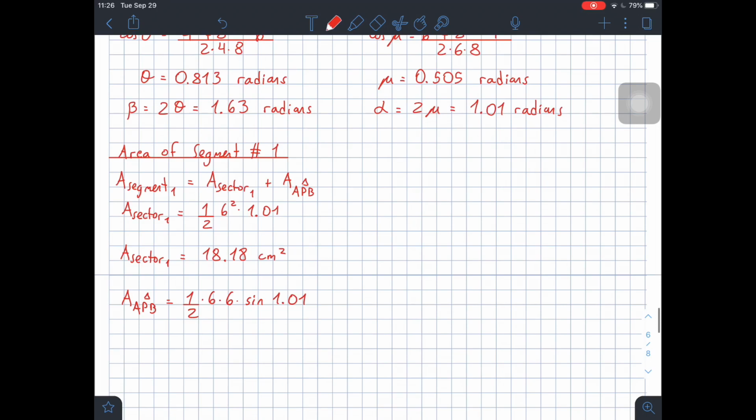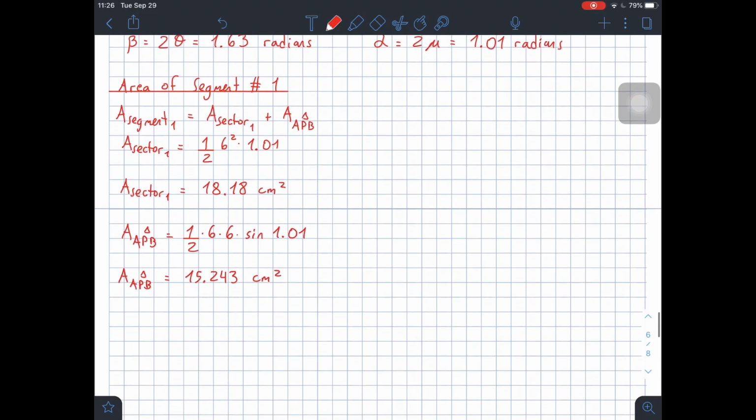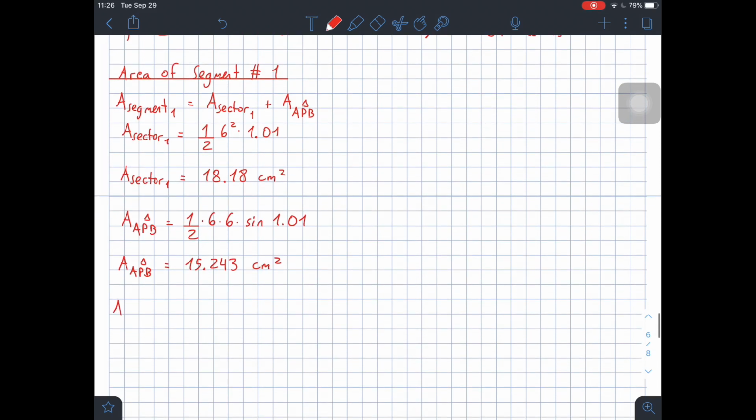Remember, your calculators must be in radians, okay? So the area of triangle APB, if you solve this, you're going to get 15.243 centimeters squared.